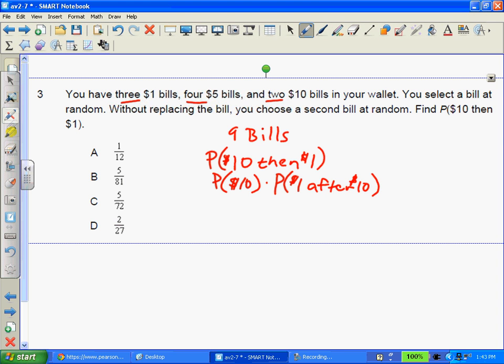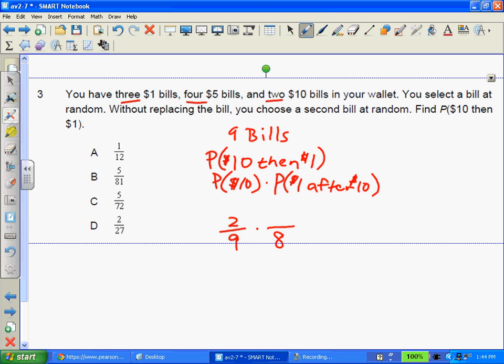Well, the probability of choosing a $10 bill: there are two $10 bills and 9 bills altogether, so it's 2/9. Now there are only 8 bills left because you are not replacing it. You're not putting it back into the wallet.